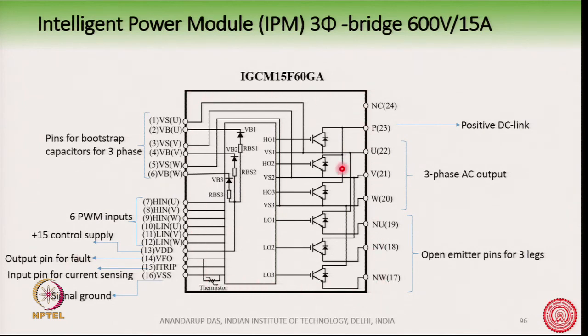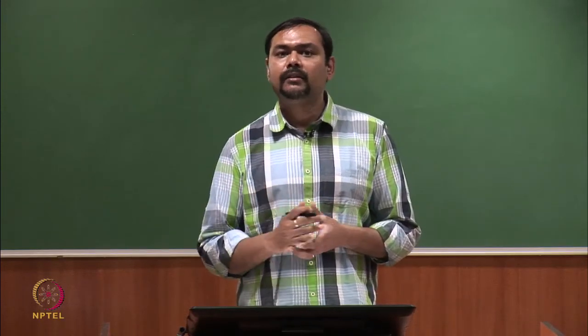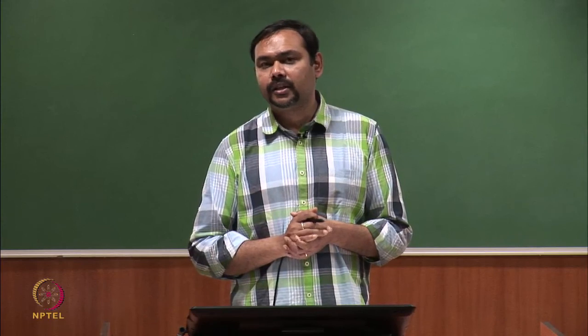What you have to do is give the PWM from the microcontroller, and this whole thing comes in a size of 2 centimeters by 3.5 centimeters. This is the advantage. It is very compact. You place it on a heat sink, place a PCB, and then you can run this converter. It is a full converter.